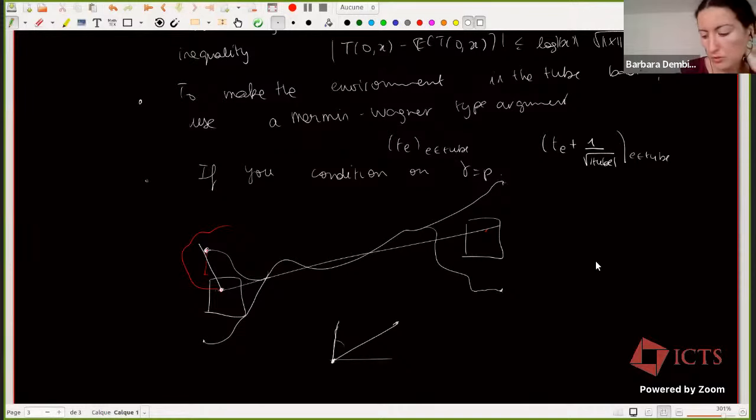And just to give more intuition on that, if you have two sides like that, and you want to go like here, you know that if it's not the same side, it will cost you more. And so you cannot go more than over the square root 10 in this direction.